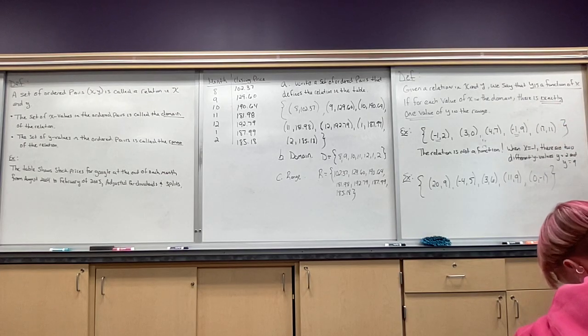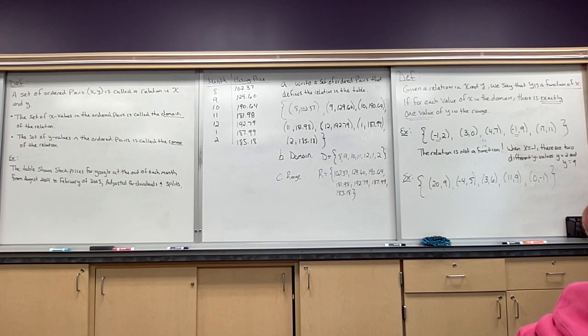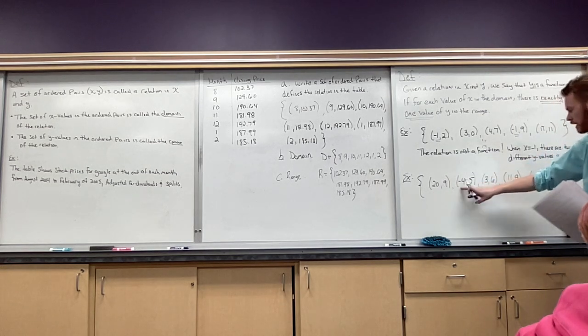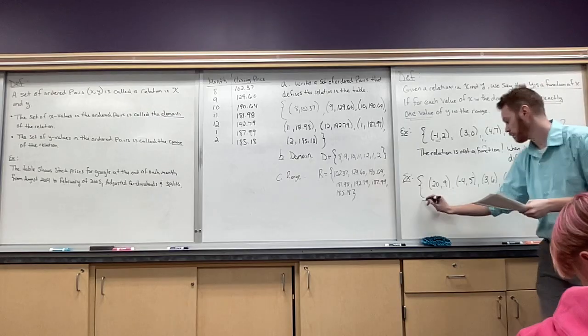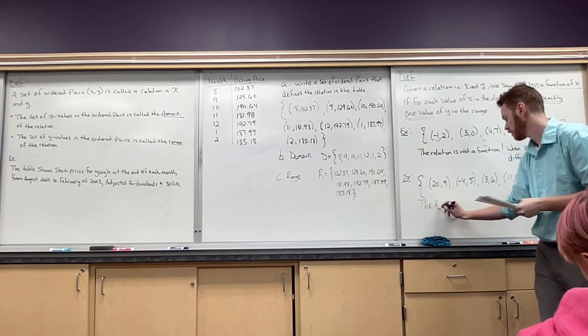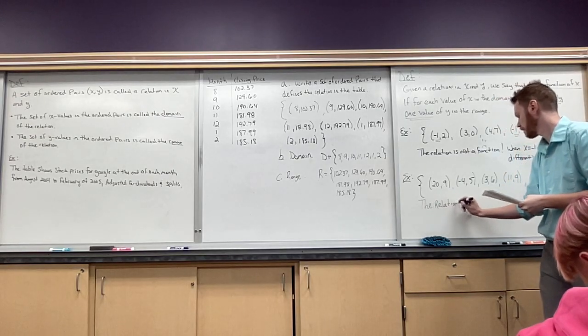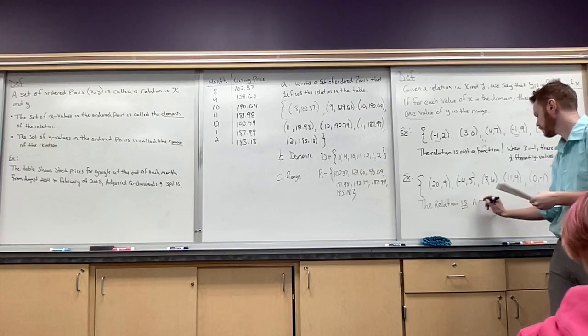You have to look at the domain. So is there anything here that's saying that's not a function? No, right? Everything works out. 20 only appears once, -4, 3, 11, and 0. They all appear once, so we're good. So this is going to be a function. So we could say here the relation is a function.